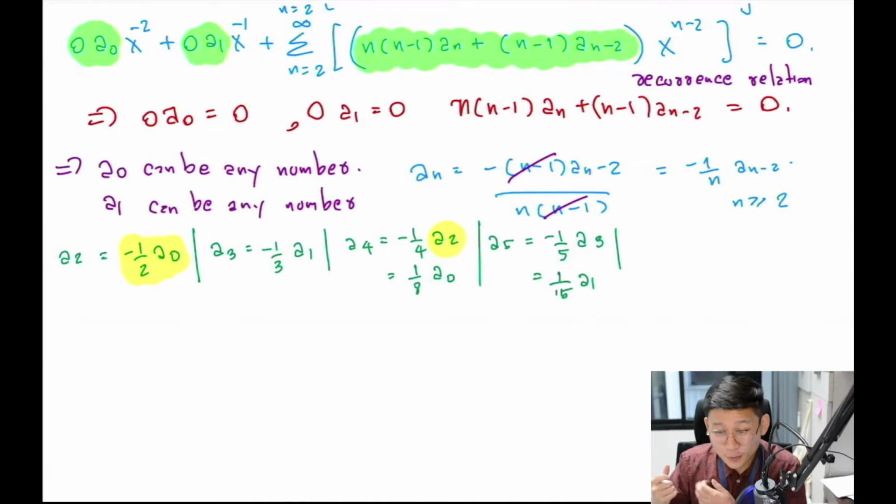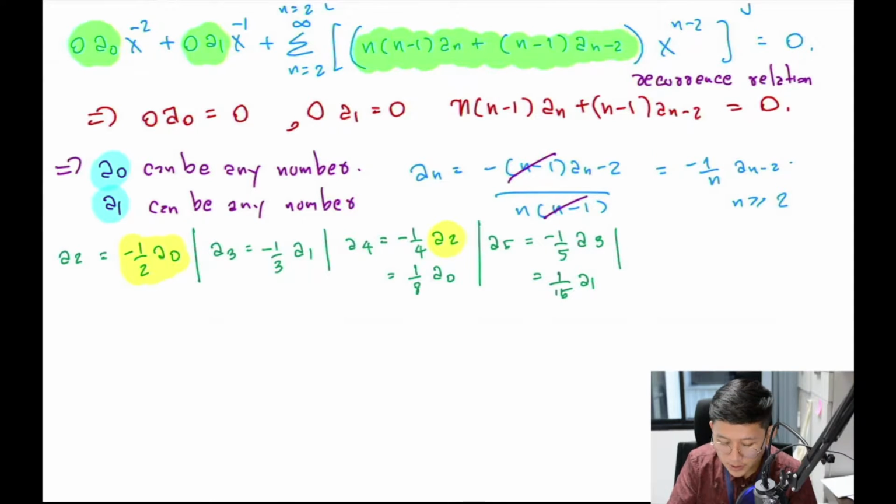And when shall we stop? We're not gonna keep writing that forever, right? We're not gonna find a6, a7, a8, a9, a10, blah blah blah. No, we're not gonna do that. Right now we know that a0 and a1 can be any numbers, right? And then we need to find at least 3 more a's in terms of a0.